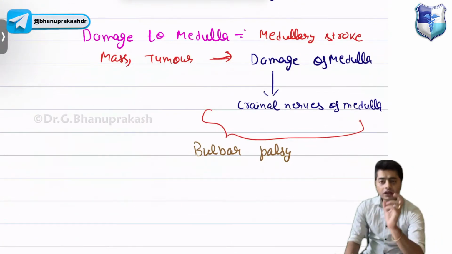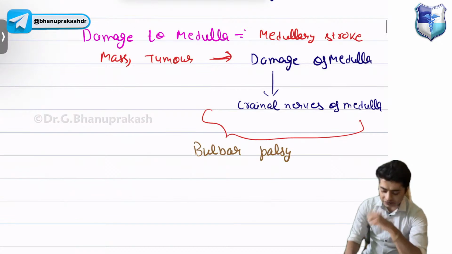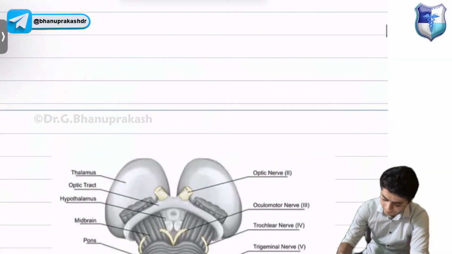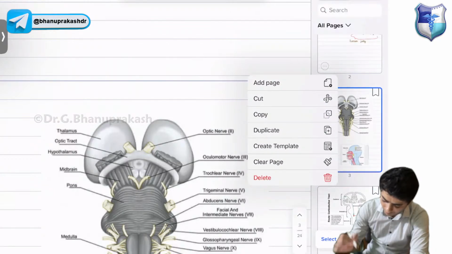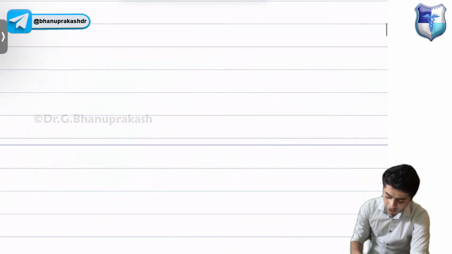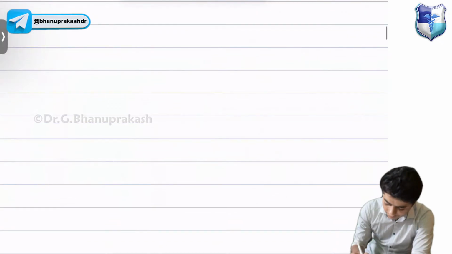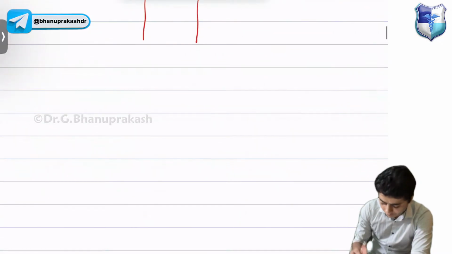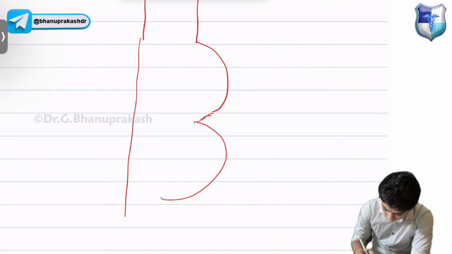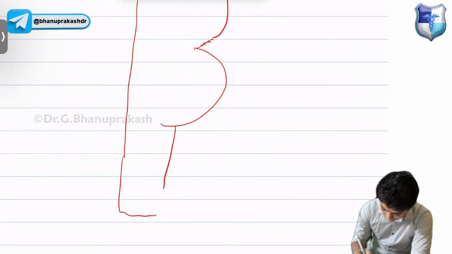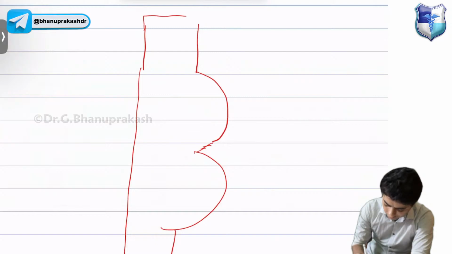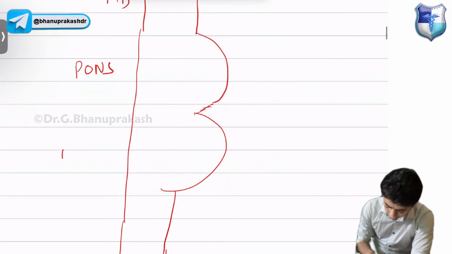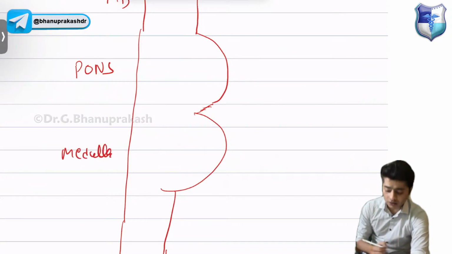Shall we move forward? So this is what you mean by the term bulbar palsy. Now we'll draw a cut section of a brain. This is your midbrain, this is your pons, and this is your medulla.